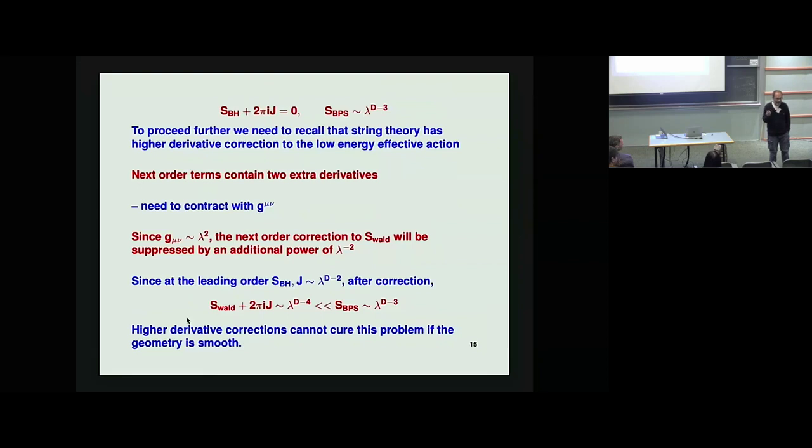Why is it a contradiction? Because I have Q. You are looking at a fixed charge, right? We calculate the black hole entropy, and yes, it is non-trivial that it is true. But you have to calculate SBH and 2 pi ij separately, and you find that the sum is 0.